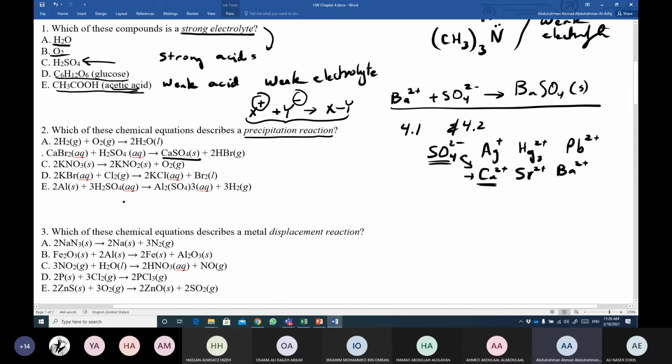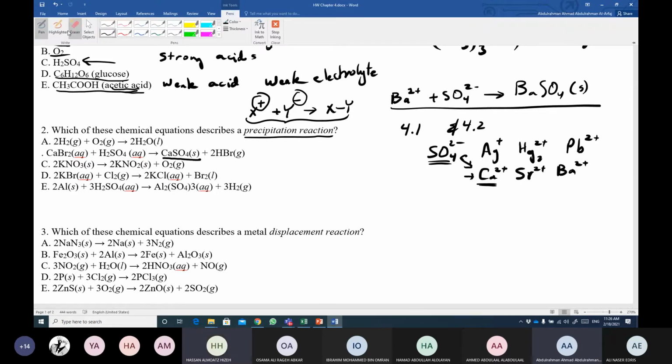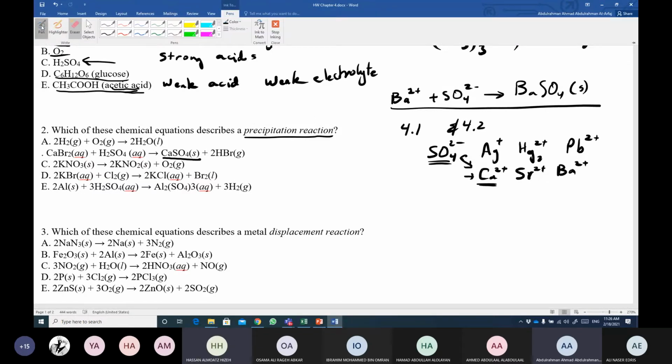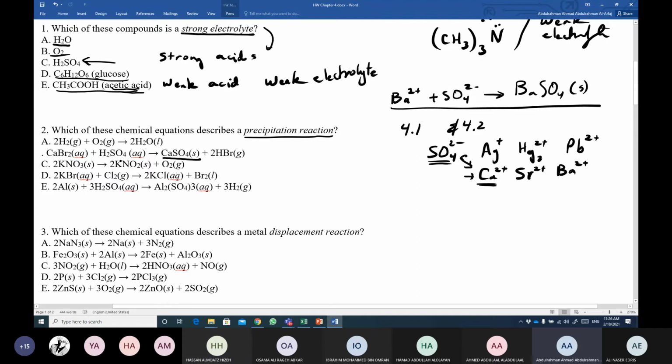Clear? Doctor, the second choice, which is the correct choice, the product HBr, why is it not aqueous? It is a gas. It came out of solution as a gas.